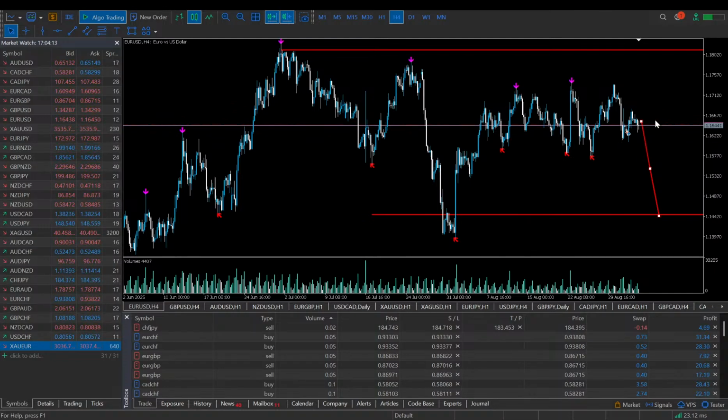Now if price wants to retest that high, there is a chance that price can retest it first before dropping. That's why we need to wait for a clear signal. We don't want to jump in because the market could be waiting for us to take a sell trade and then make another huge move to the upside. And then as we are exiting, price comes back down. That can be the case too. So it's better to wait for a clear signal.